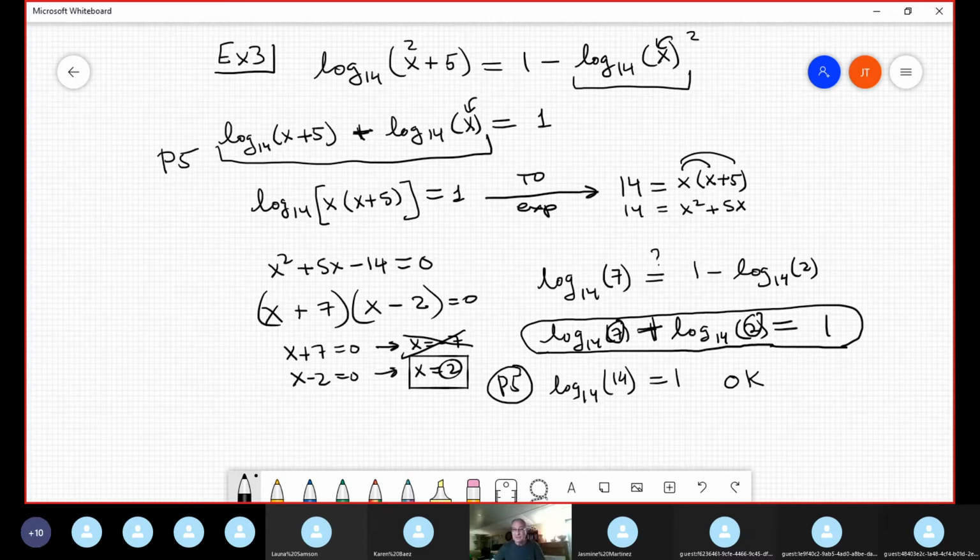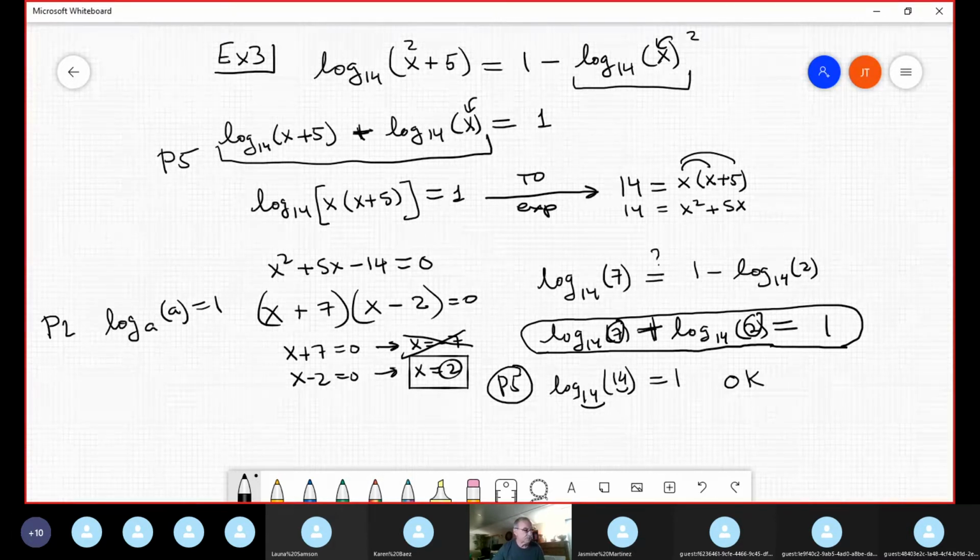And by coincidence, this number is exactly the same as this. The property number 2 says the logarithm base a of a is always 1. When the number inside the argument is equal to the base, the answer is 1. Clear? Clear or confusing? Clear, clear. Okay, super.